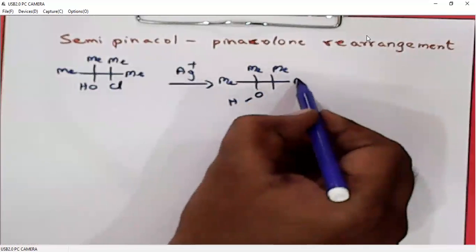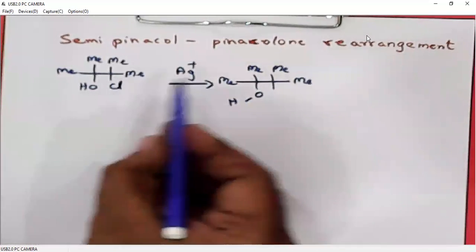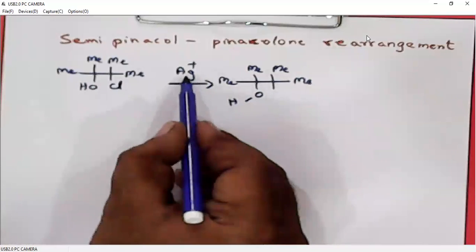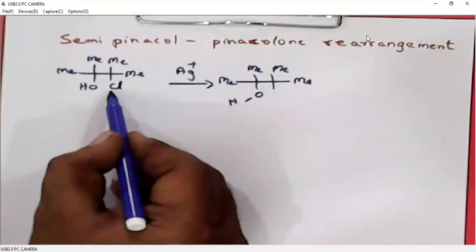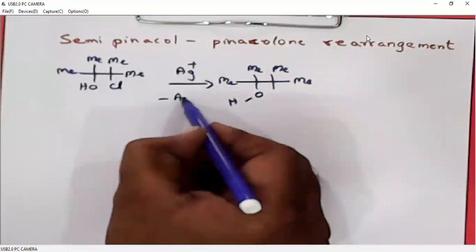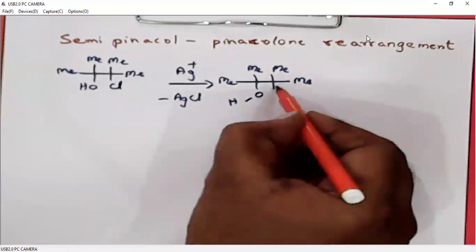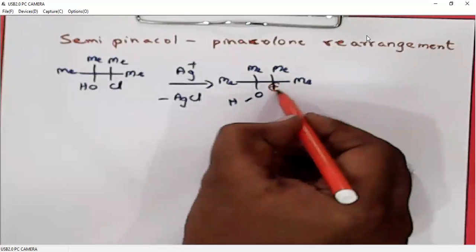Halogens will easily form a bond with the silver reagent. So whenever we use silver, it will form a bond with the halogen. Here AgCl, a white precipitate, will be formed, and we are generating a carbocation here.